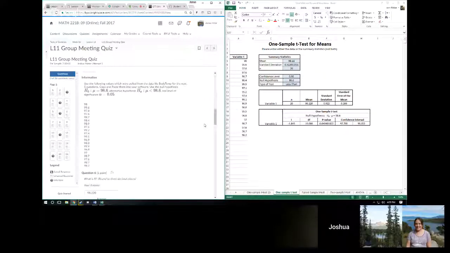So if you do 98.22 minus 98.6, you're going to end up with negative 0.38 or something like that. So it'll be a negative number divided by the standard deviation divided by the root of the sample size. So that's why it's negative: the sample mean is lower than the population mean.